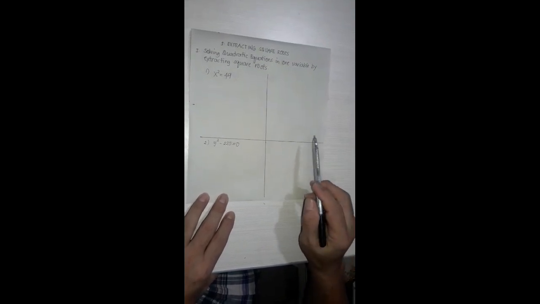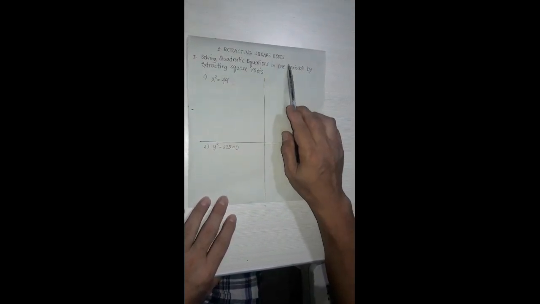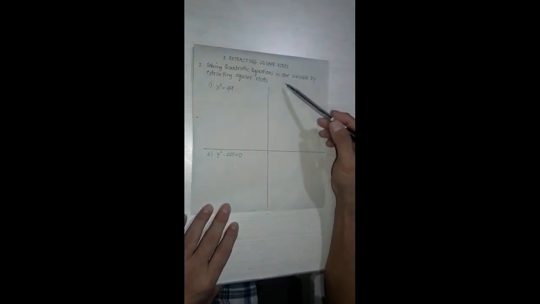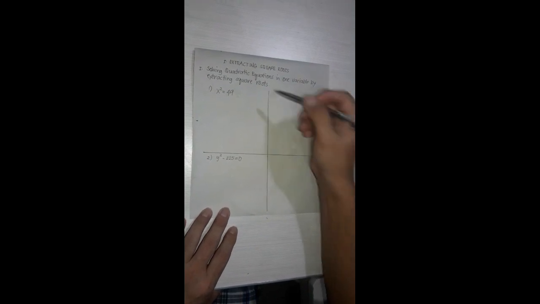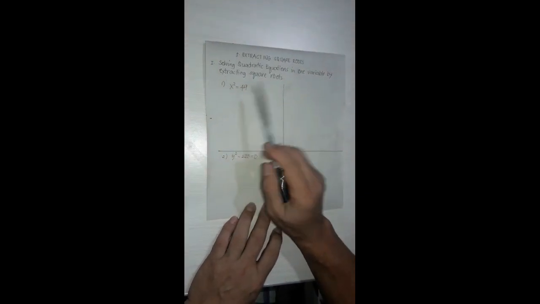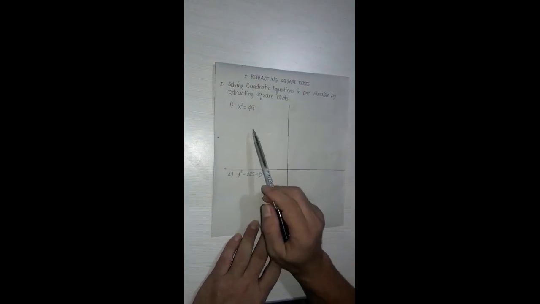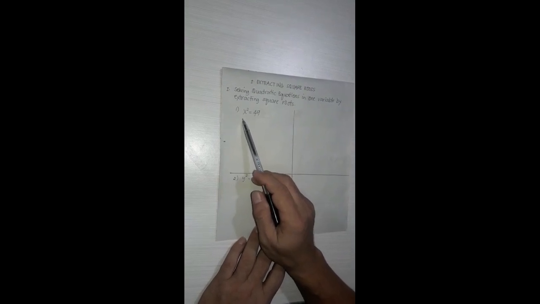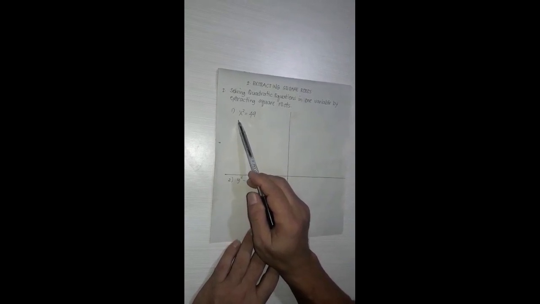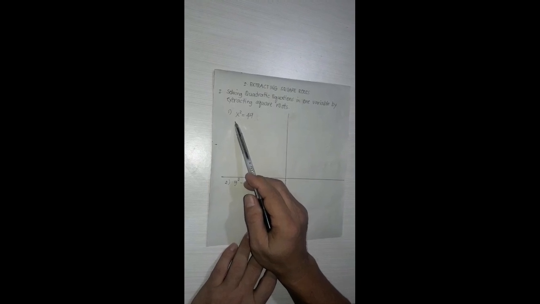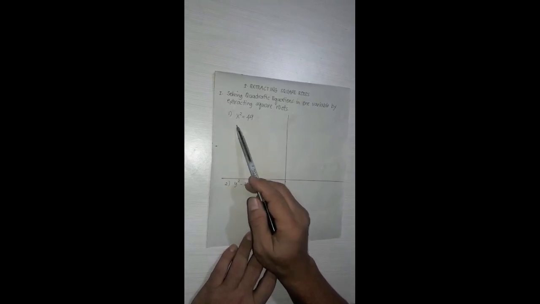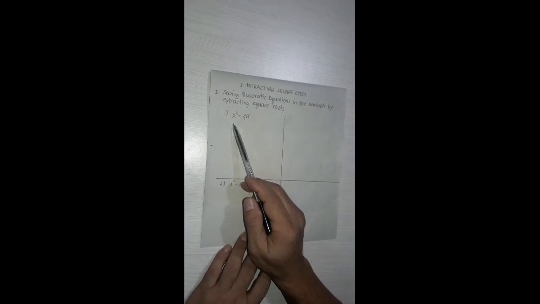So let's proceed now to extracting square roots. The instruction here is solving quadratic equations in one variable by extracting square roots. In solving quadratic equations in one variable, all you need to do is make the unknown or the variable be alone at the left side of the equation or at the other side.